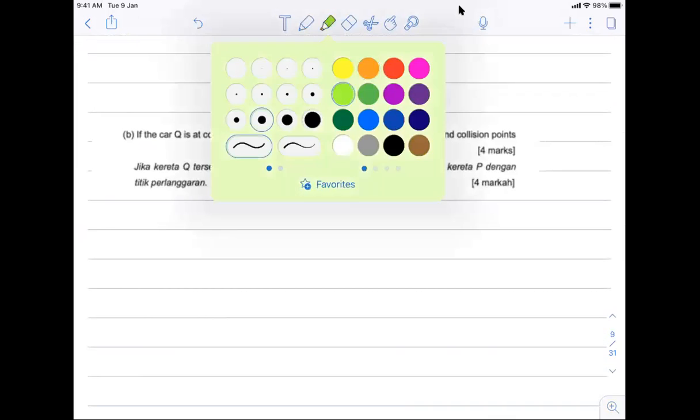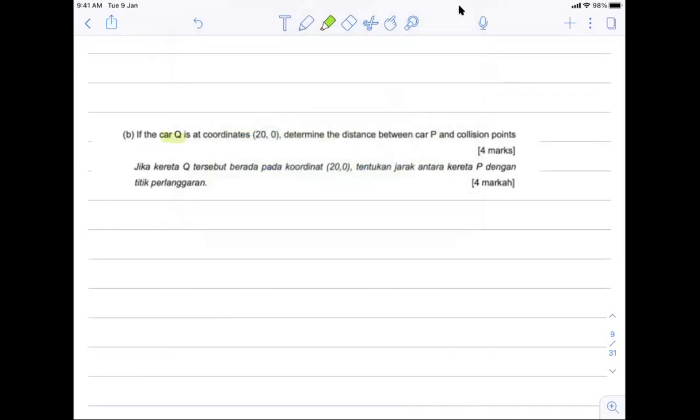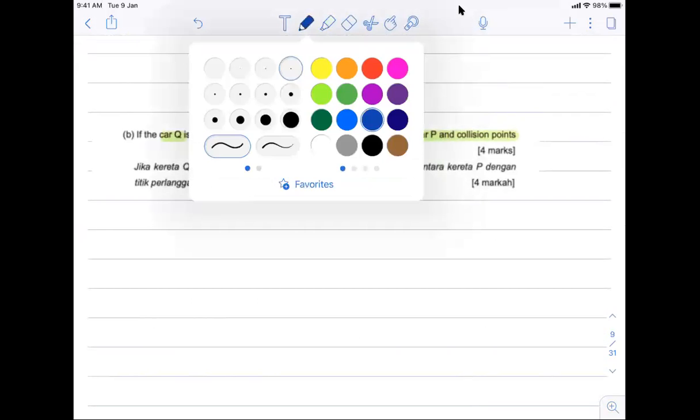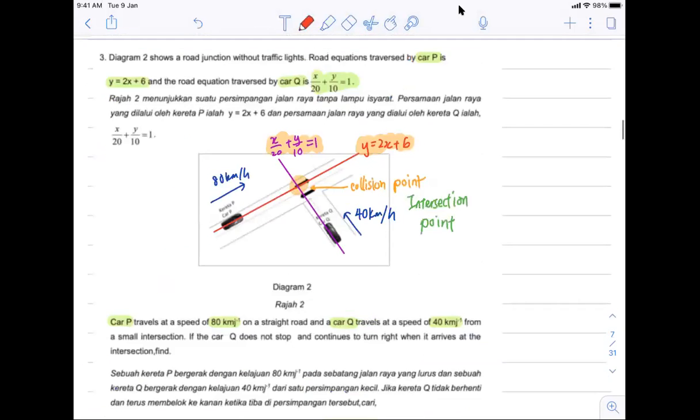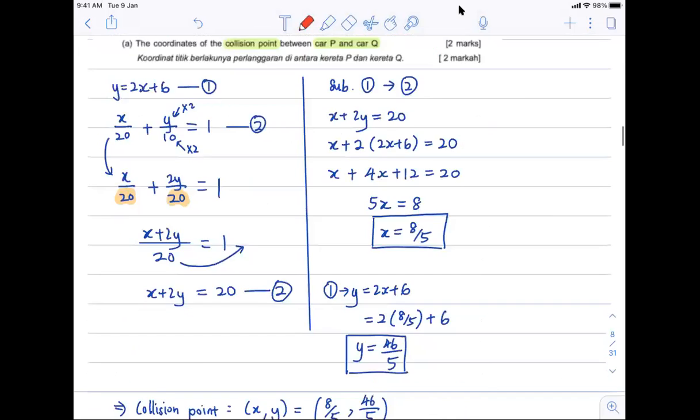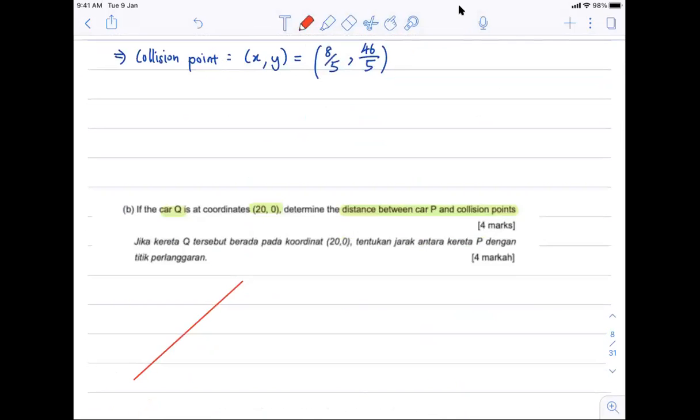Part B tells us that car Q is at 20, 0, and wants us to find the distance between car P and the collision point. So let us draw the diagram once again. This is car P moving in y equal to 2x plus 6.